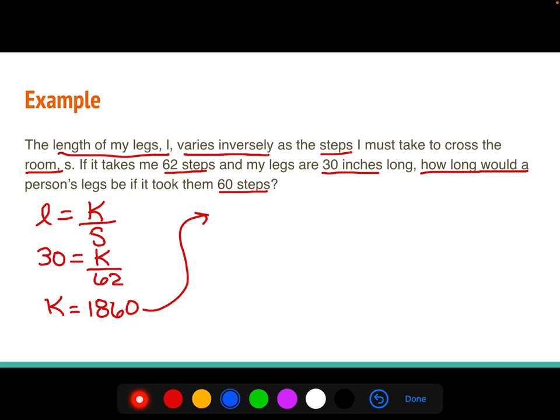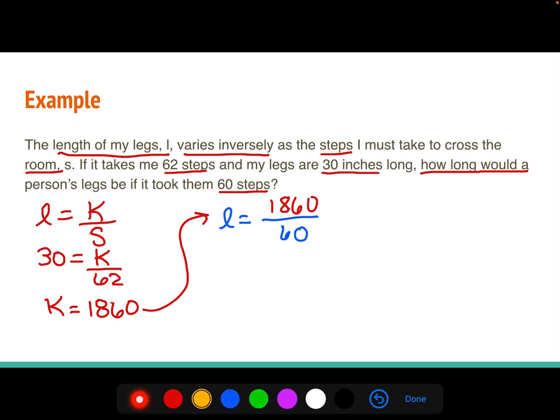And then we go to the other half of the problem. This part says, how long would a person's legs be if it took them 60 steps? So we have the length, we already know the 1860, and it's 60 steps.